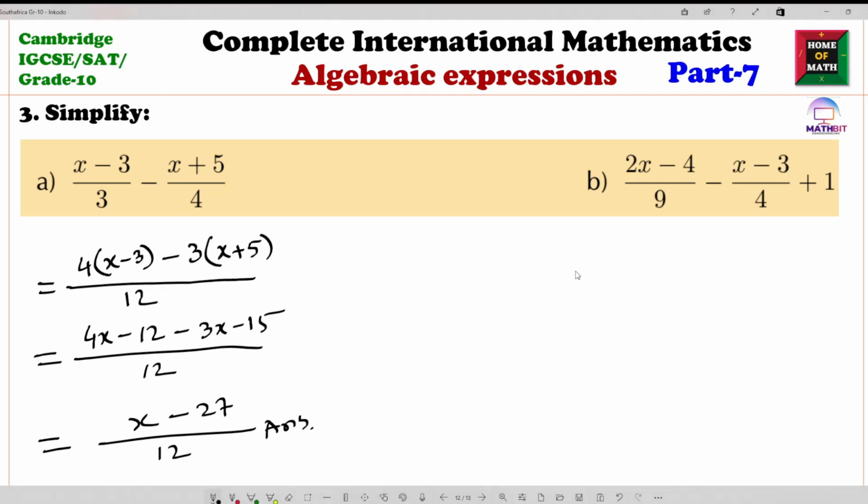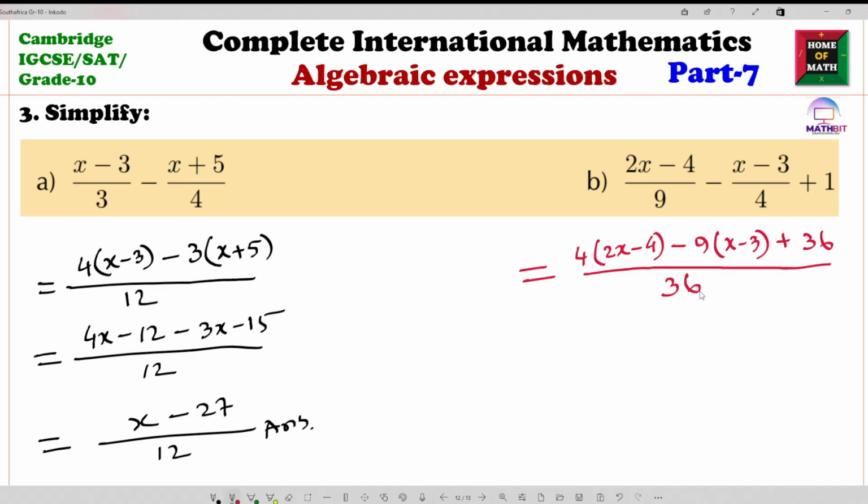B. (2x minus 4) divided by 9 minus (x minus 3) divided by 4 plus 1. So here is also no common factor, so 9 times 4, 36 is our LCM. So 4 times (2x minus 4) minus 9 times (x minus 3) plus 36, all over 36.